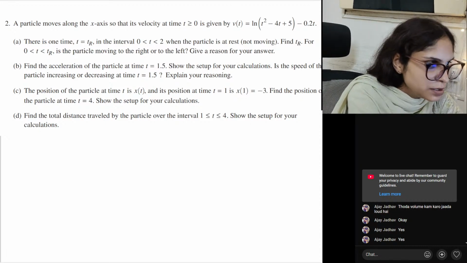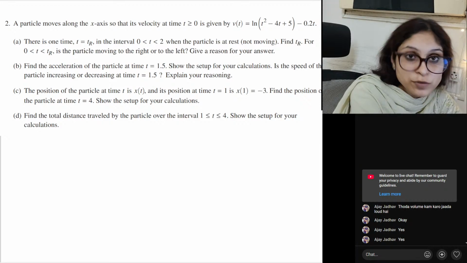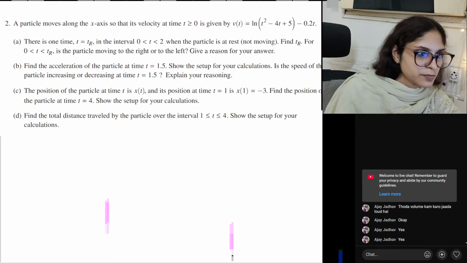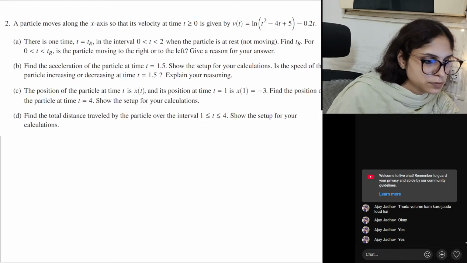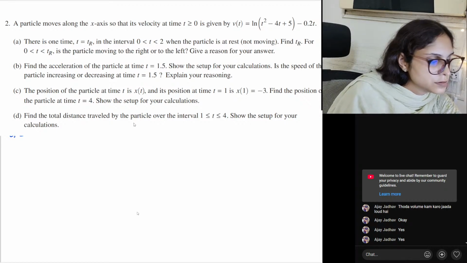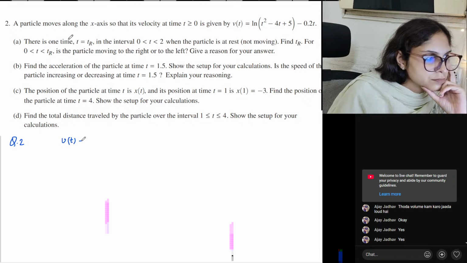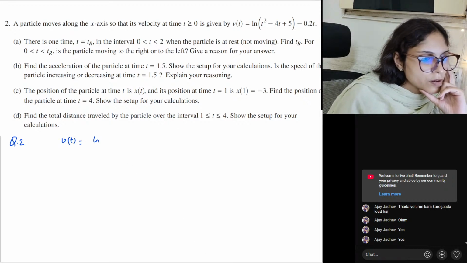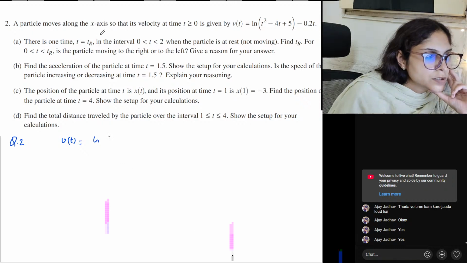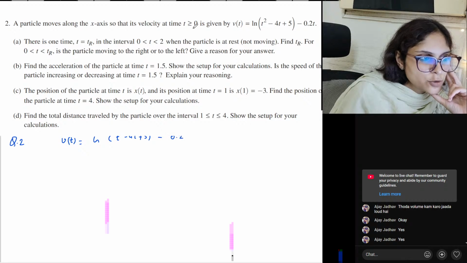So we have to find tr, and then we have to find out, from 0 to tr, is the particle moving to the right or to the left? ln of t squared minus 4t plus 5, minus 0.2 t.